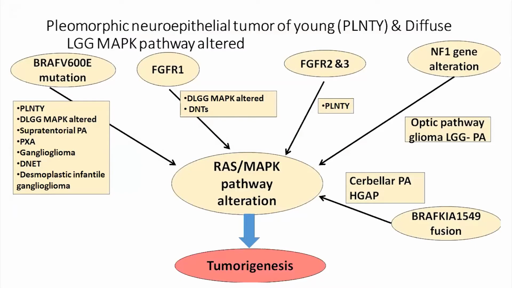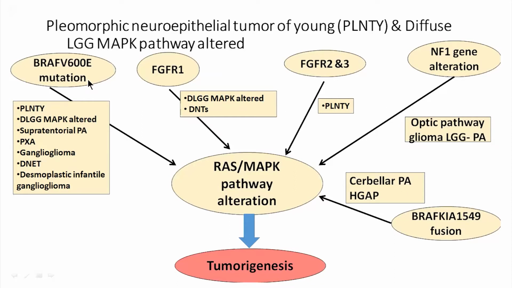Coming to the next two entities, polymorphous neuroepithelial tumor of the young and diffuse low-grade glioma, MAP kinase pathway altered. There are many tumors of the CNS which have RAS MAP kinase pathway activation, and these are all events which ultimately end up at the RAS MAP kinase pathway.